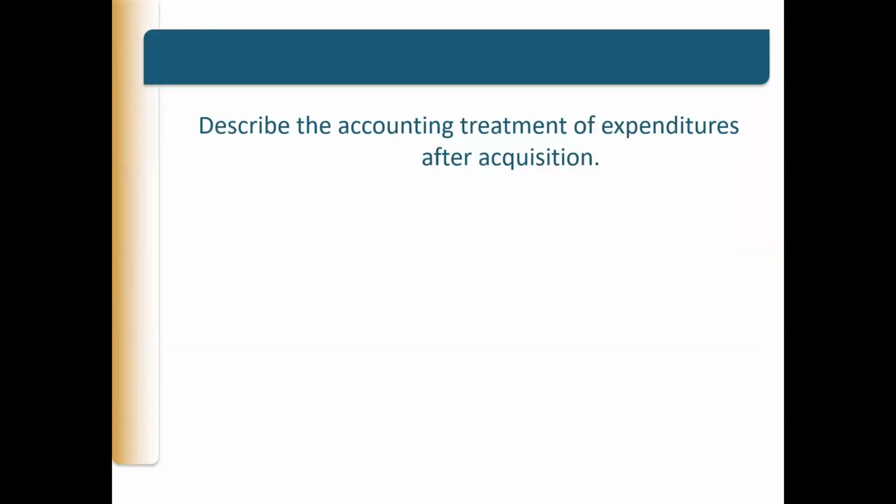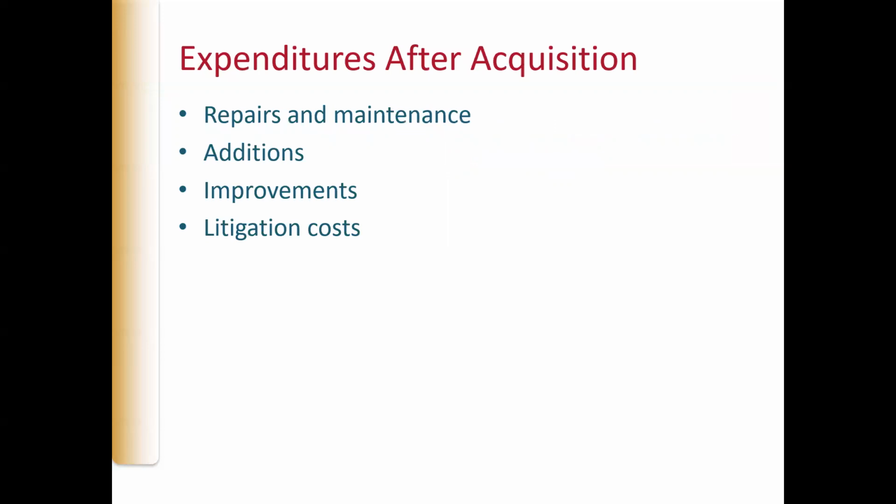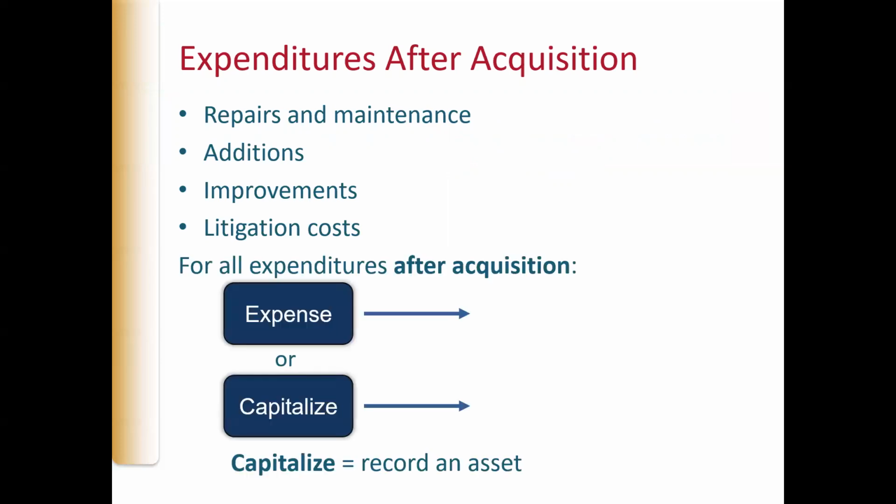Okay, so we purchased the asset. Now we're going to look at what happens after we've acquired the asset and what do we do with various costs. We will have various costs such as repairs and maintenance, additions, improvements, and litigation costs.